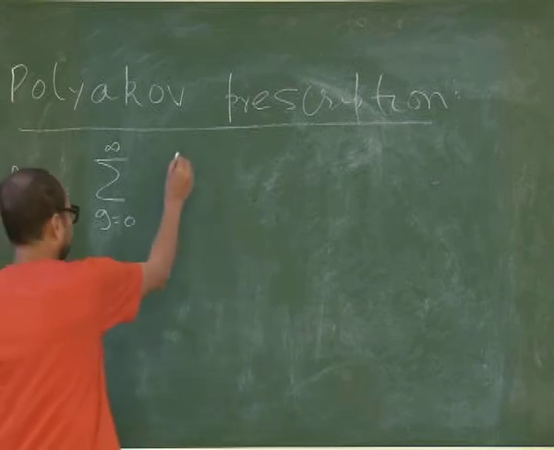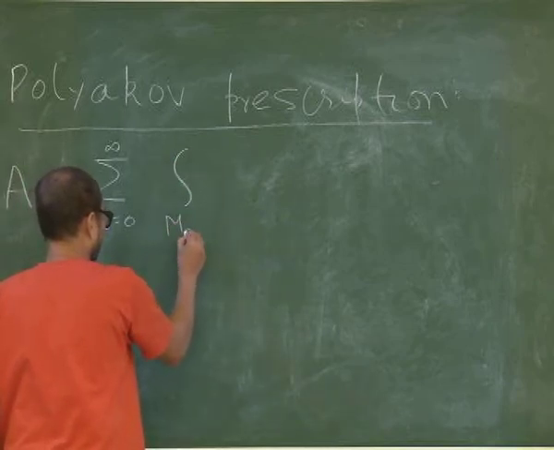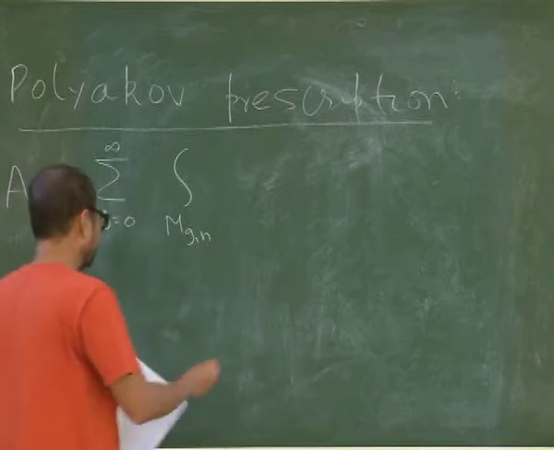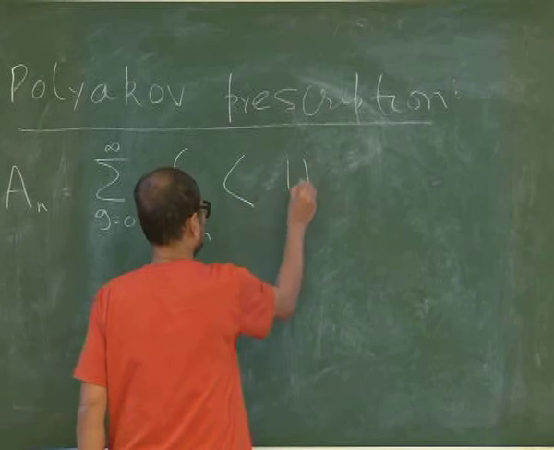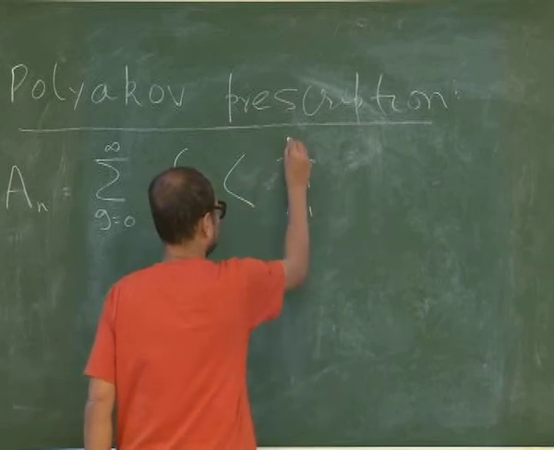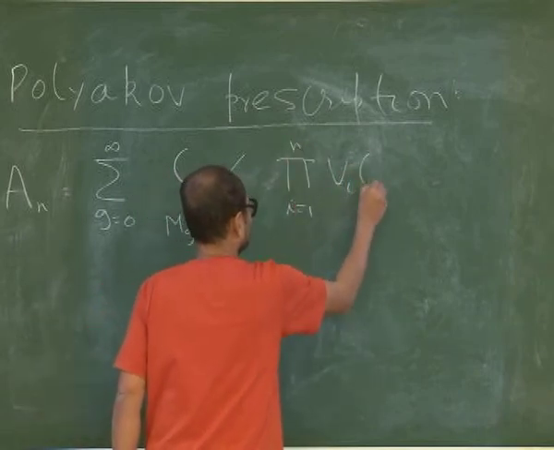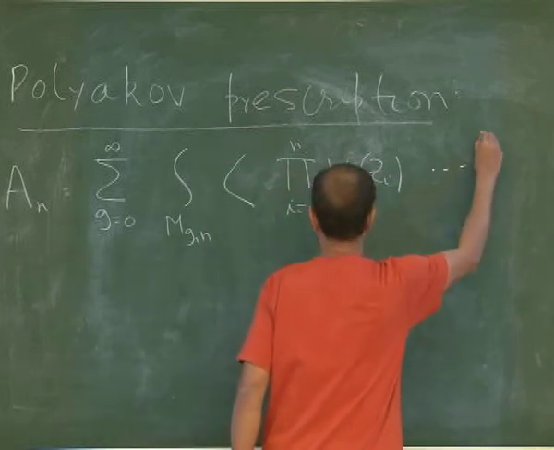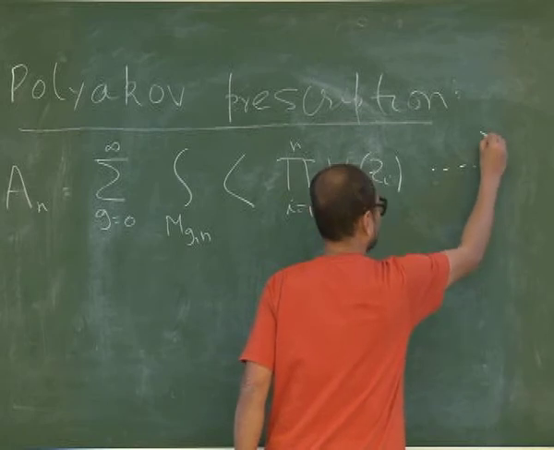It involves an integral over what I am going to describe shortly. So, let me write down the full expression and then I will try to explain the various parts of this formula, times some dots which I will describe later.